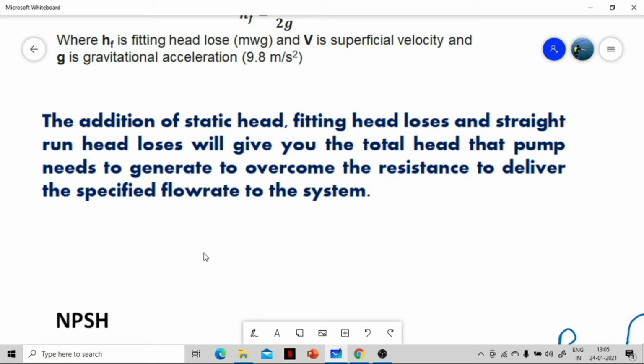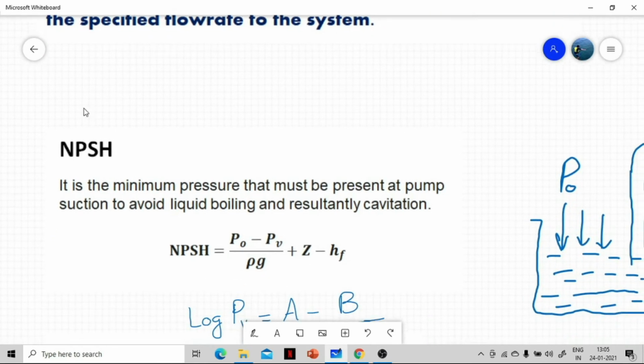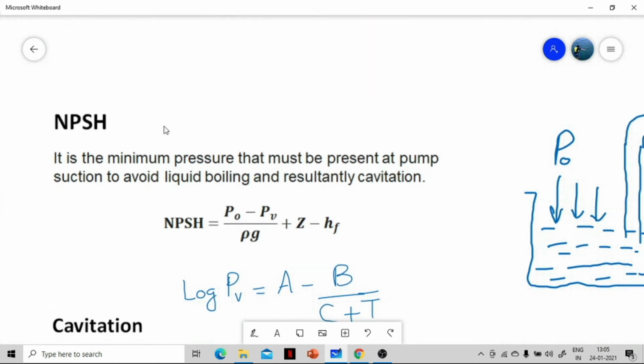Another important aspect that you have to calculate is the net positive suction head. What is it? It is the minimum pressure that must be present at the pump suction to avoid liquid boiling and resultantly cavitation. I will explain how you can calculate net positive suction head for your system.